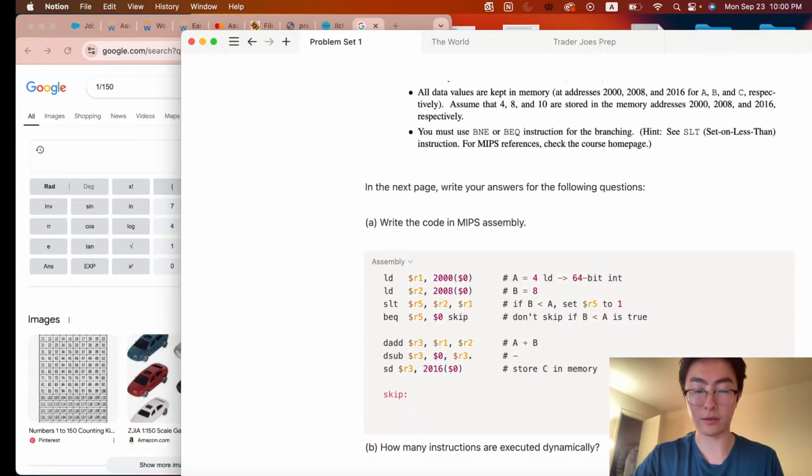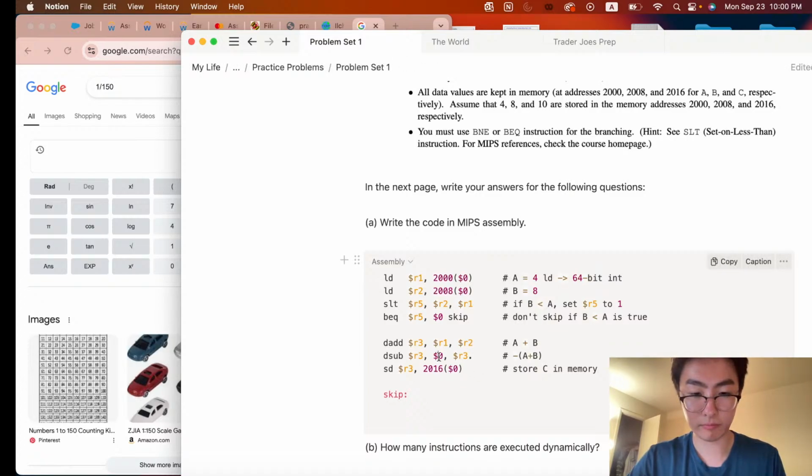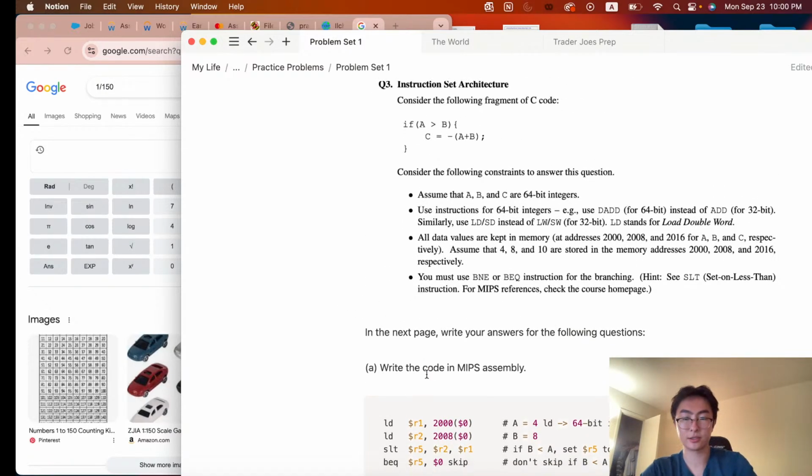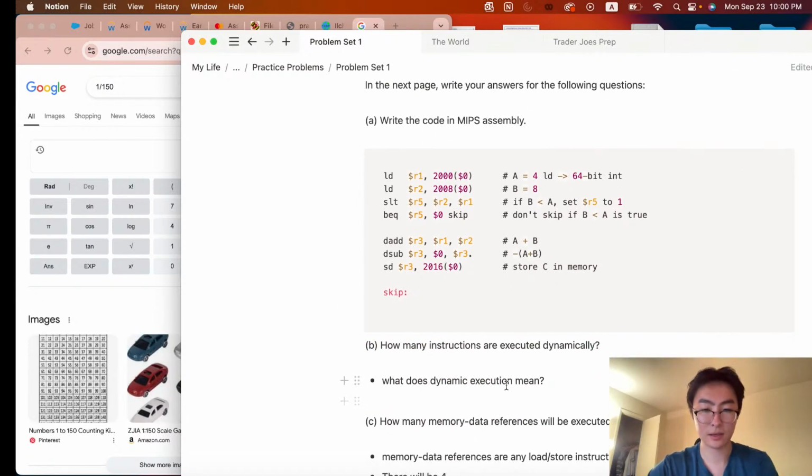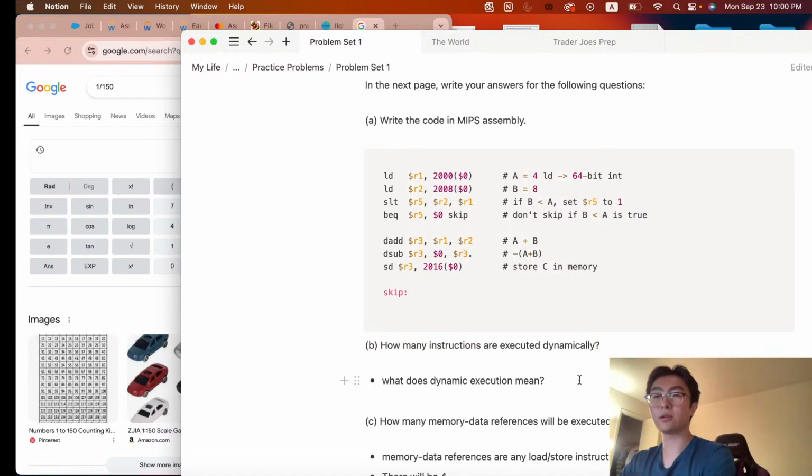So this will be negative A plus B. Then we store back into C. All right. So what does it mean when instructions are executed dynamically?